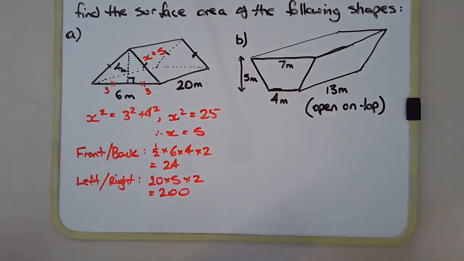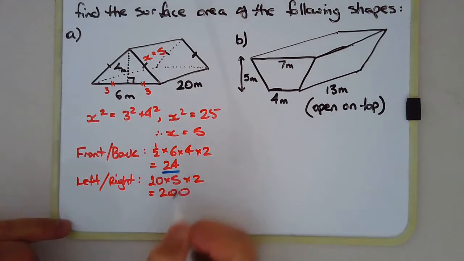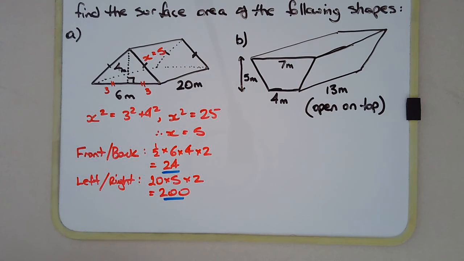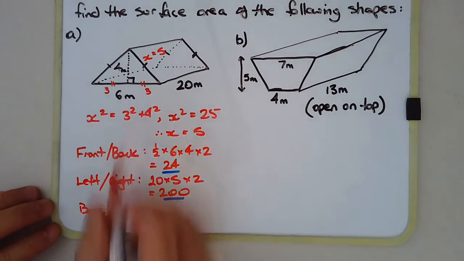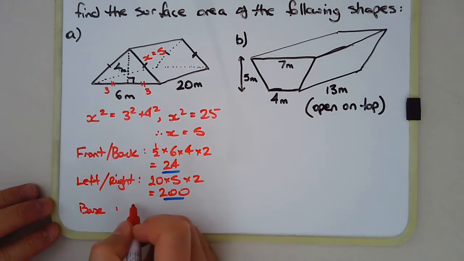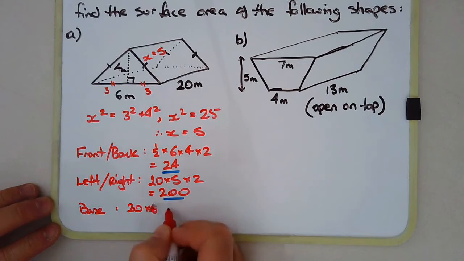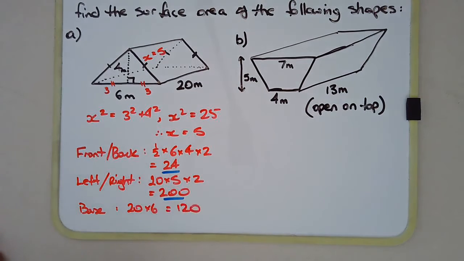Now it might also be a good idea at this point to just underline these subtotals, because in the end we're going to add them up, and when you're under exam pressure and having to work fairly quickly, this is where organization is so important. You can see what you've calculated, and it's very easy to see what you need to add together. Now, the base is just a single rectangle on its own, and that's going to be 20 times 6, which is equal to 120.